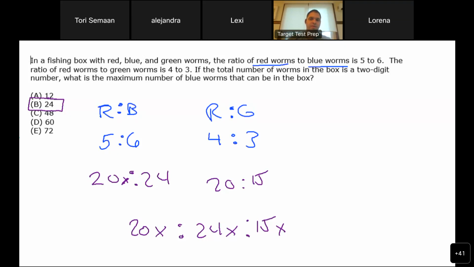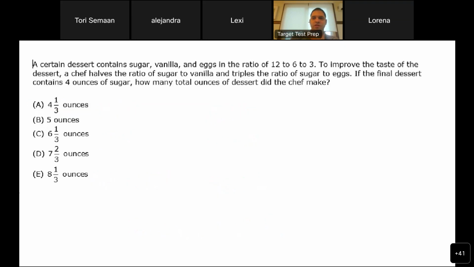I want to talk a little bit about multiplying various ratios now. So let's see what you guys do from this. The first question, I'd say below 600, if anything. Below 600, yeah.